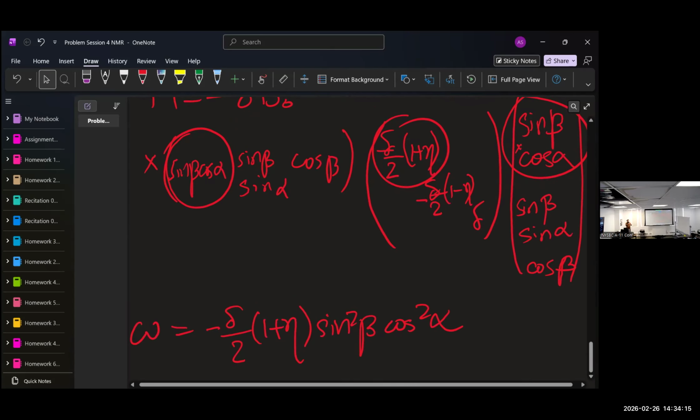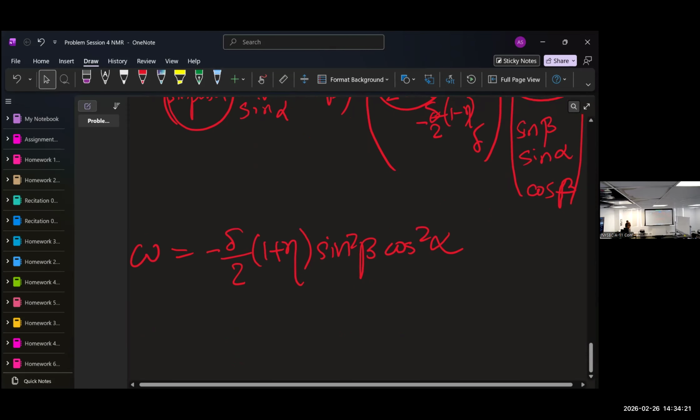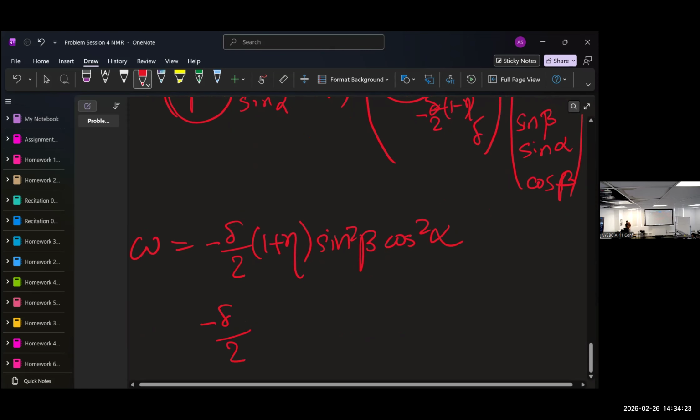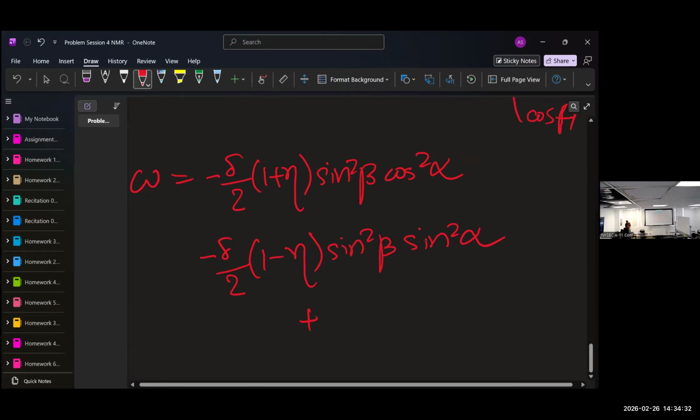It's supposed to be a complicated multiplication, but because I have zeros off diagonal, it comes out fairly straightforwardly. Then minus delta over 2, 1 minus eta, sine squared beta, sine squared alpha. Make sense? This is good with everybody?